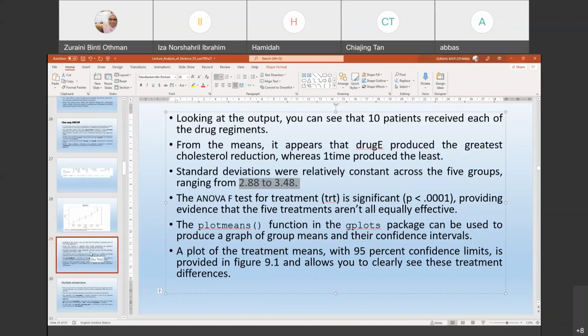Up until here, do you know how to use this significant value in your study? Is there any question? Do you want more examples?